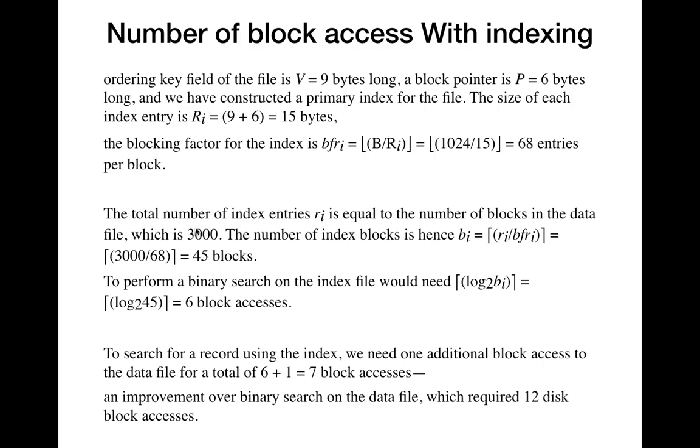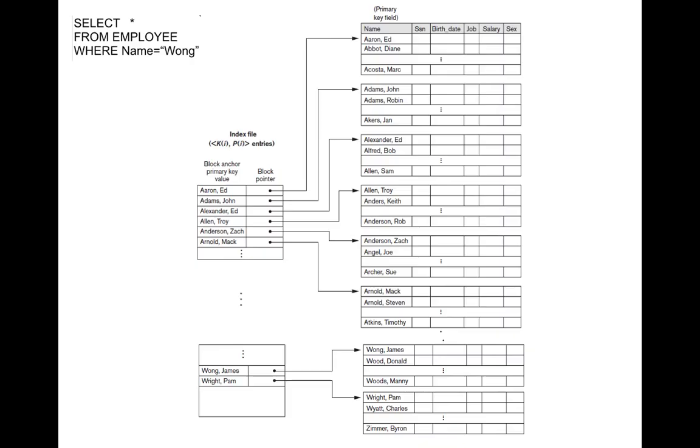To store these 3000 index entries, let's see how many blocks are required. We can store 68 entries in a single block. So 3000 by 68, we require 45 blocks to store these 3000 index entries. So the whole index can be stored in 45 blocks.